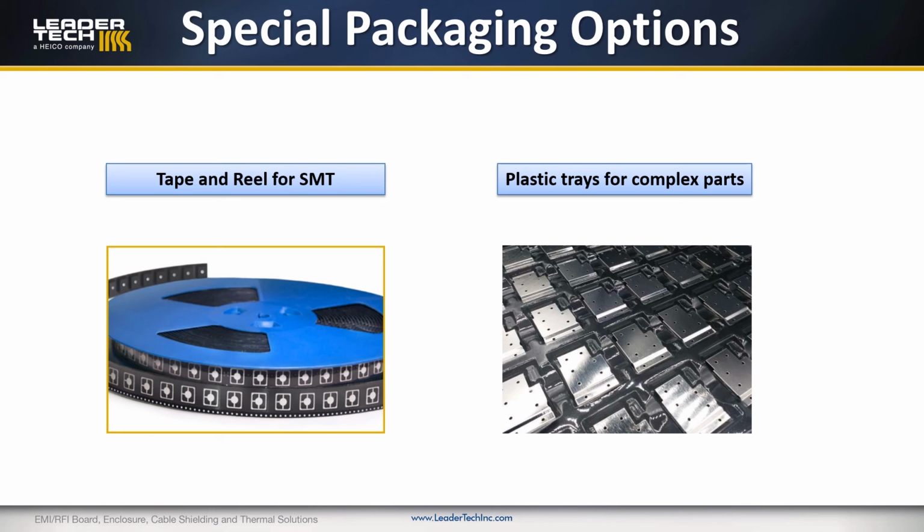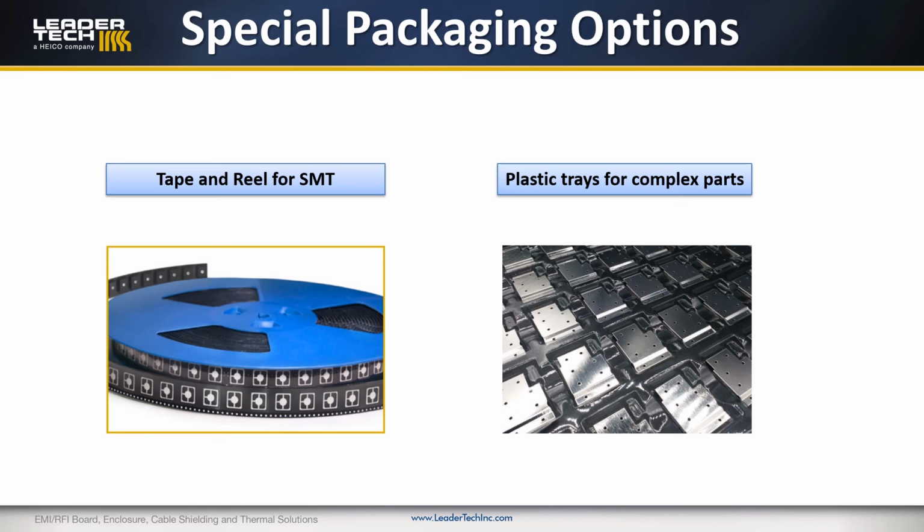So the first one on the left here is tape and reel. So you can see that these are shield frames that are installed in a plastic tape in pockets, and these are designed to run through an SMT line. So any type of shield that's generally going high volume, we're going to put it in this type of packaging so that they work on the SMT line.